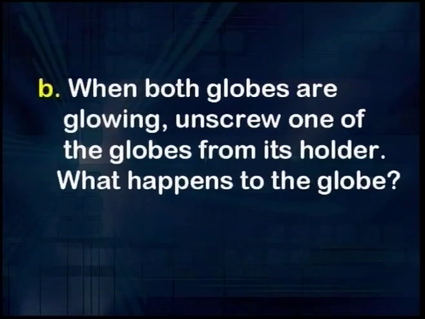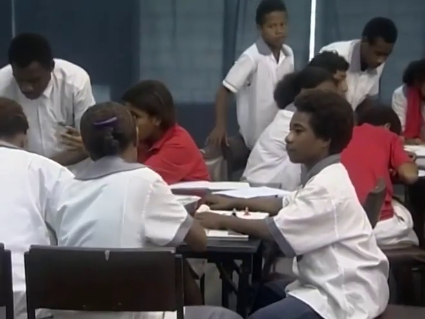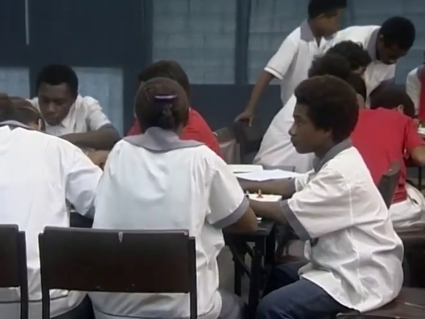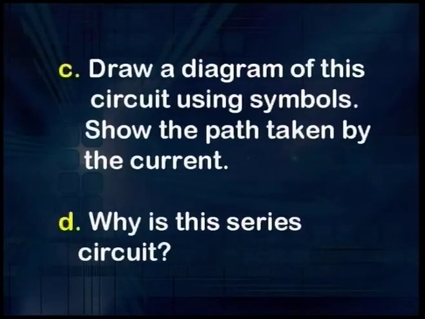All right, let's have Grace. The other one won't work. All right, she says the other globe will not work. Now, after that, you will draw a diagram of this circuit using symbols and answer the question, why is this a series circuit?